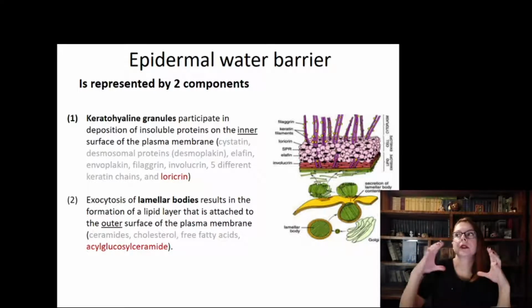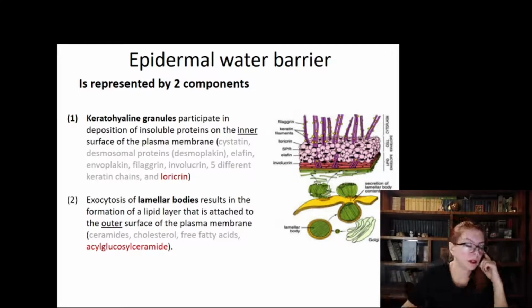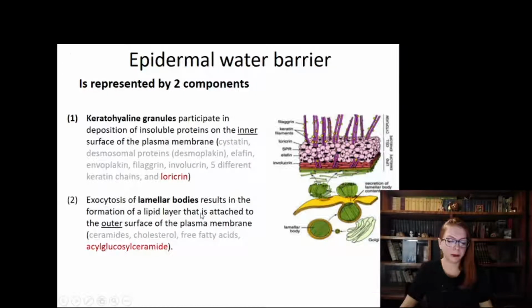They transform them into dense tonofibrils, and those tonofibrils occupy all the inner environment of the cell, making it dense. While lamellar bodies produce a substance surrounding the cell, and those two elements are very important in providing this barrier. Okay, with the red color, the major components of those two barriers are labeled.